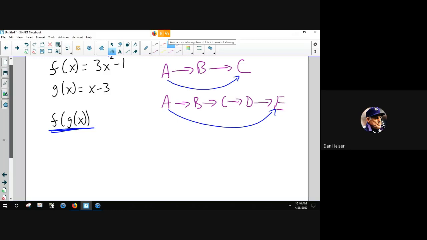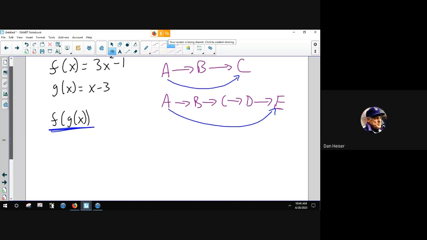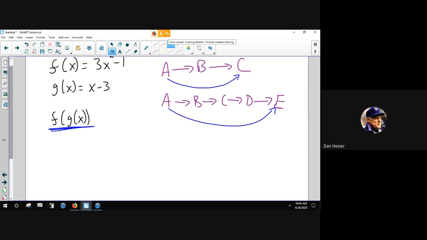F of g of x. We're going to treat this just like x was a number. Whatever's inside the parentheses gets plugged into g. Well, the nice thing about this is we already know what that result is.